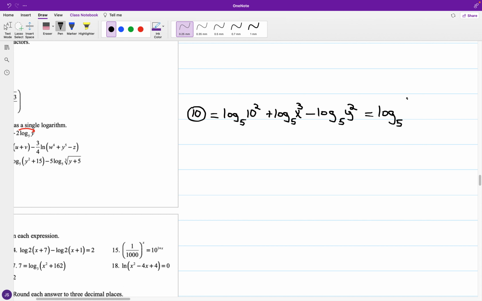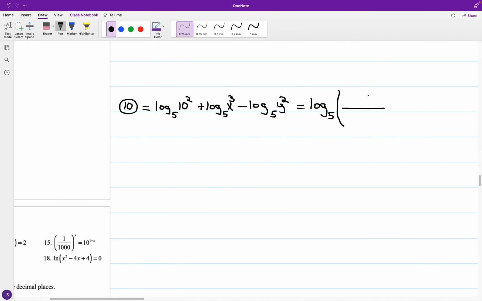so we have the base 5 logarithm, and since we have addition and subtraction, we're going to have a fraction. So you have 10 squared, and we have plus, so the addition signals that x cubed will be at the top. Subtraction of the base 5 logarithm of y squared, so that's going to be with y squared on the bottom.